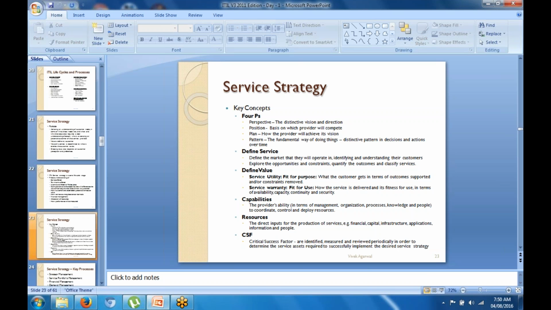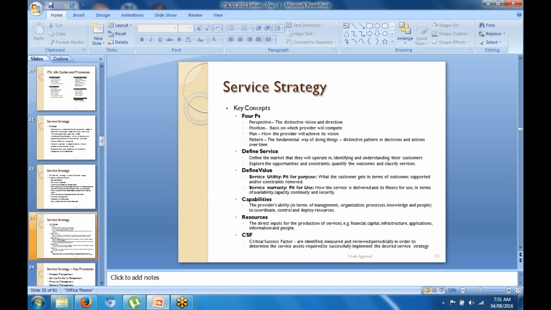Finally, the capabilities: the provider's ability in terms of management, organization, process, knowledge and people to coordinate, control and deploy resources. The resources here are man, machinery, fine? The direct inputs for the production of services, that is financial, which is also a resource, capital, infrastructure, applications, information and people.